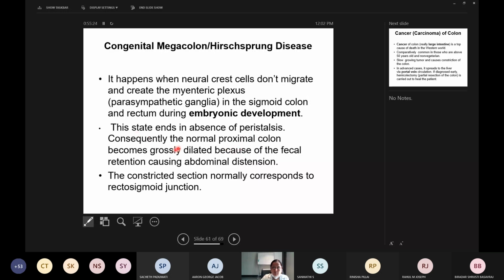The normal proximal colon becomes dilated because of fecal retention, causing abdominal distension, and the constricted section normally corresponds to the rectosigmoid junction. That is called congenital megacolon or Hirschsprung's disease.